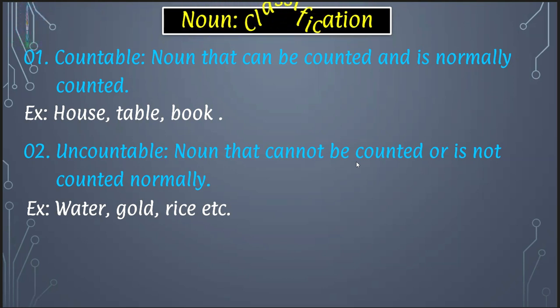And uncountable means noun that cannot be counted or is not counted normally. যে noun যেগুলোকে গণনা করা যায় না, অথবা গণনা করা হয় না, গণনা করা গেলেও গণনা করা হয় না, that is called uncountable noun. Is it okay? Yes, sir. Good.